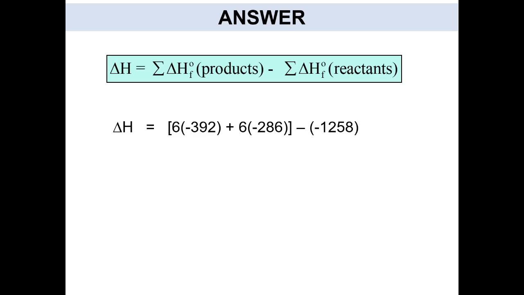So 6 times negative 392 plus 6 times negative 286 minus negative 1258. Delta H naught formation of oxygen is equal to 0. So, the final answer is negative 2810 kilojoules.